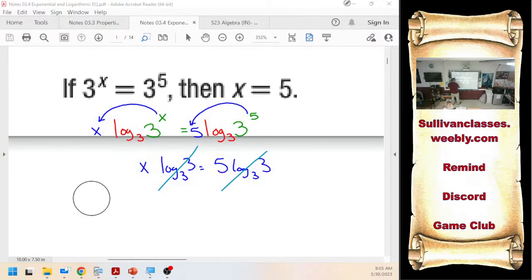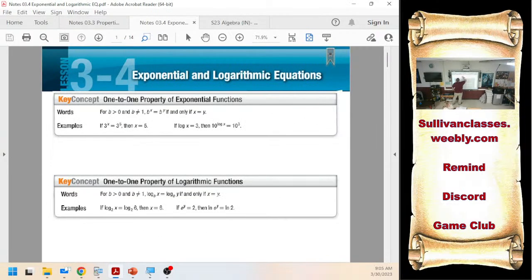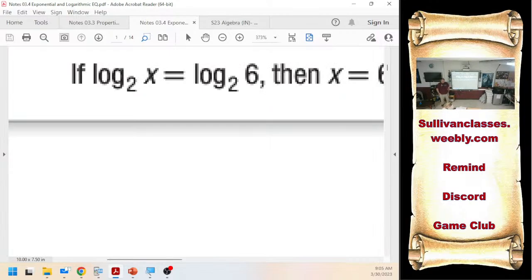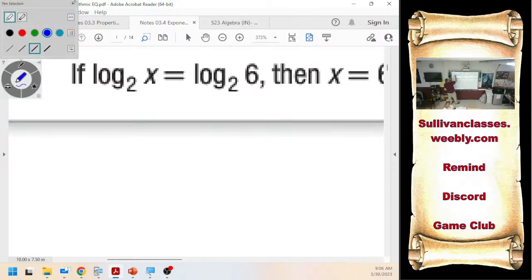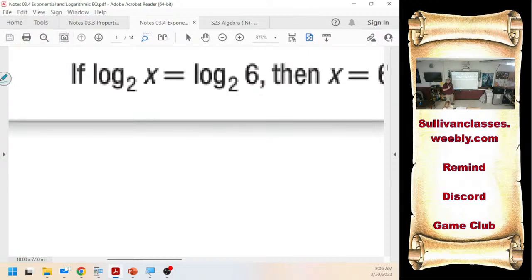So, same thing goes for logarithms. If I said log base 2 of thing equals log base 2 of other thing, then it should make sense that thing equals thing. But here's what I do: by definition, remember, if I have log base b of x equals y, b to the y equals x.